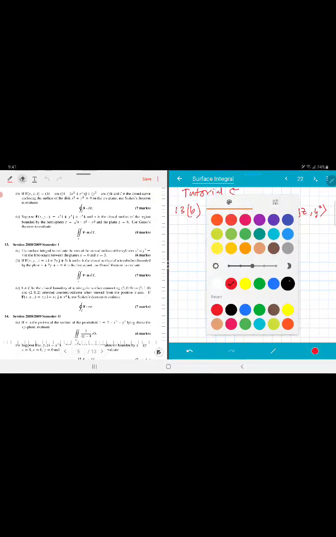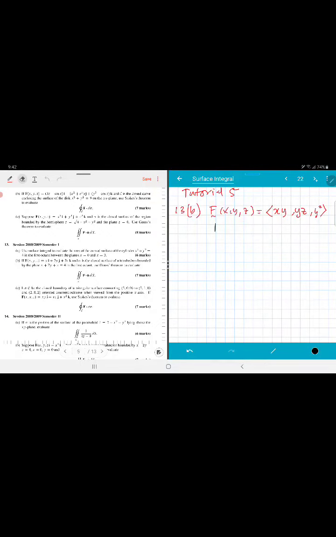Here we have the x, y, z space, and the 3 points, which are the vertices of our triangular plane. We have (2, 0, 0), so let's say that's a 2.